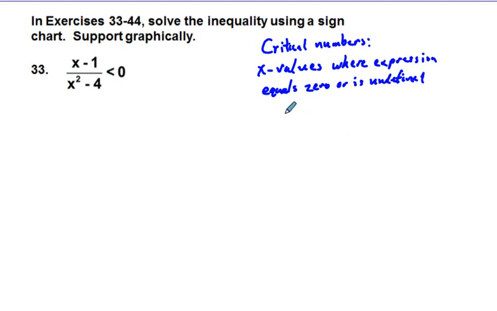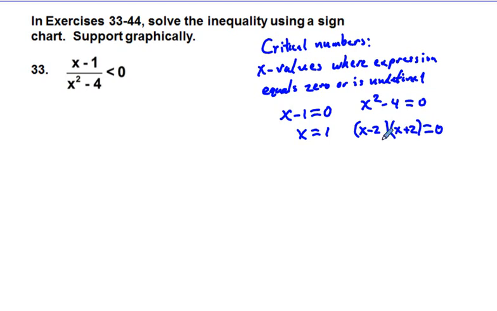We first are going to set our numerator, which is x minus 1, equal to 0. And so x equals 1 is one of our critical numbers. Also, we take our denominator, which is x squared minus 4, and set that equal to 0. x squared minus 4 is the product of the two linear binomials, x minus 2, quantity x plus 2.